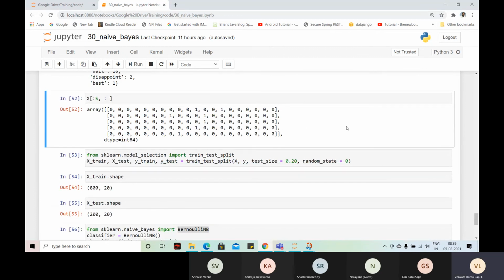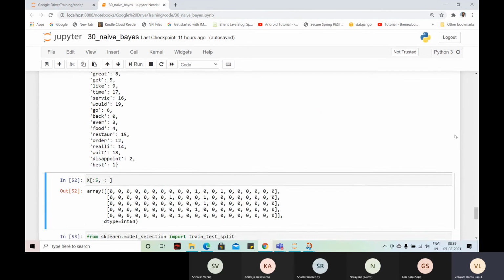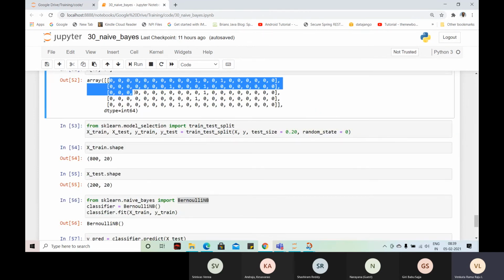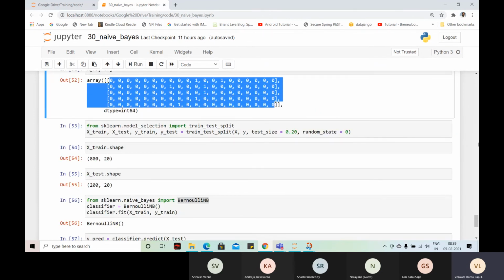What is a Bernoulli trial? When your experiment has only 2 outcomes, then you call that experiment a Bernoulli trial, right? You throw a coin, you get head or tail. So those kinds of experiments are called Bernoulli trials. Here we say Bernoulli naive Bayes because the data is all zeros and ones.